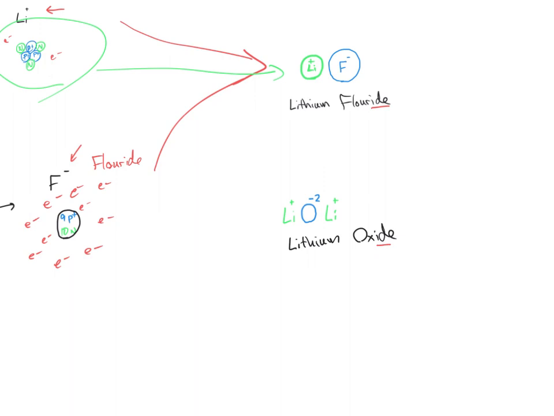When you have a negative ion based on an atom, so F or fluorine, when it becomes negative, it goes to fluoride. Oxygen, when it becomes negative, it goes to oxide. This is true of all of our negative ions, our negative anions that are simple atoms that have gained electrons. So this is lithium oxide.